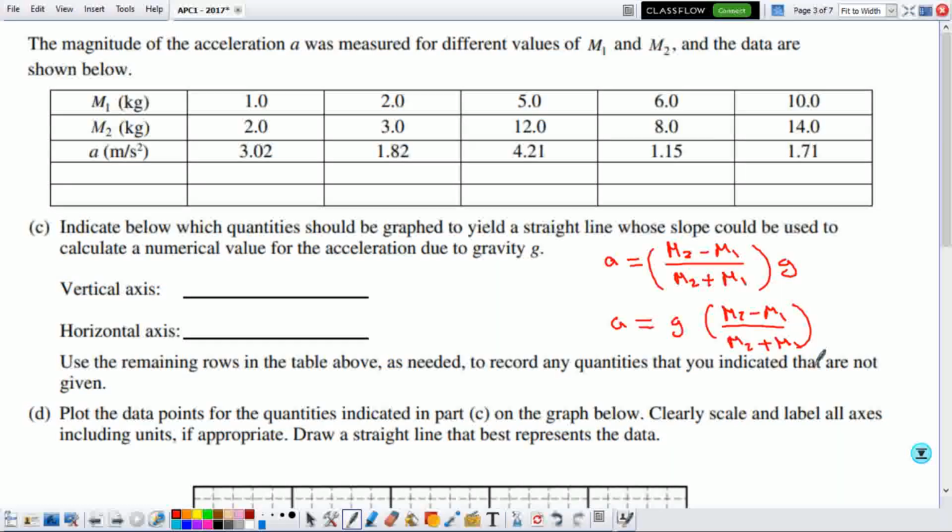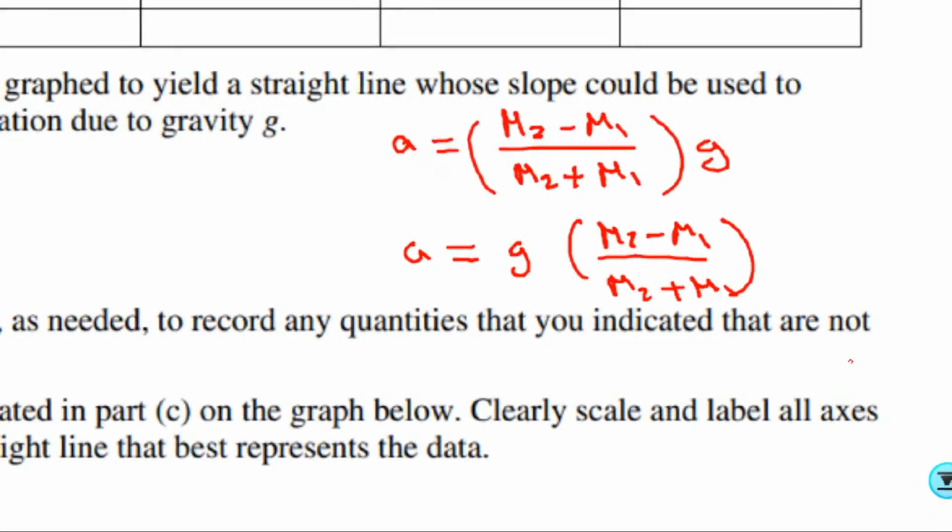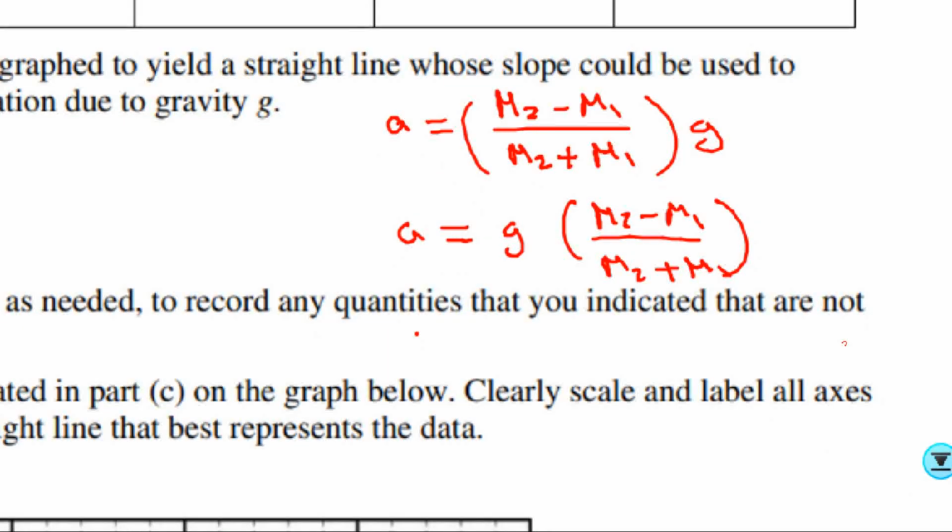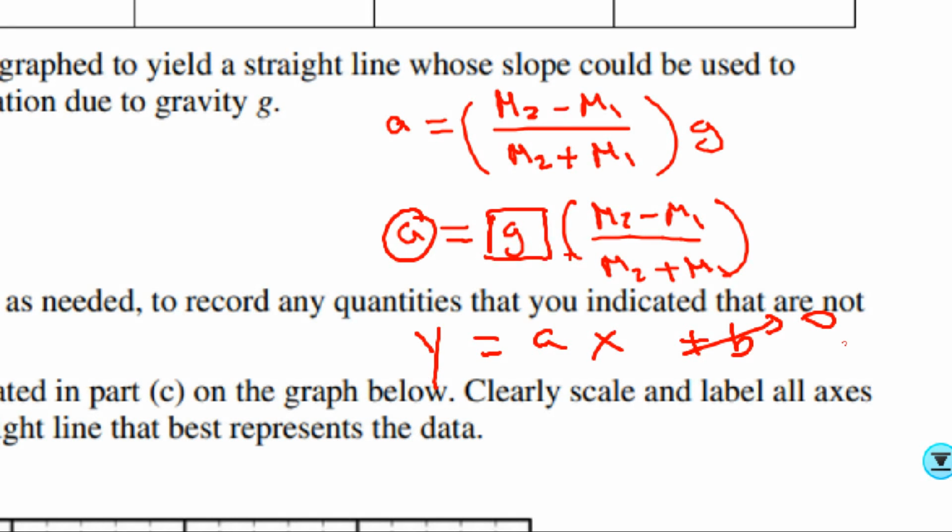So in order for this to be in agreement with a straight line which is given by y equals ax plus b, b in this case is set to be 0. Now on the y-axis we would represent the acceleration, the slope would be g, and on the x-axis we should graph the fractional mass.